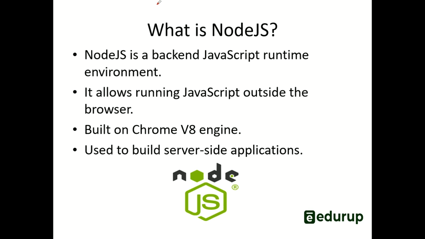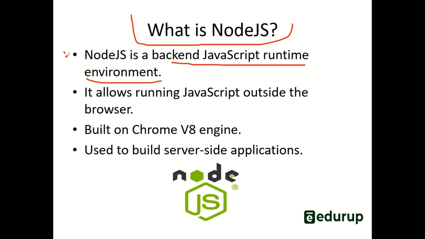Okay, so let's learn what Node.js is. Node.js is a backend JavaScript runtime environment. I told you people already, we are connecting this as a backend. It is called a runtime environment because the results come at runtime when you are executing the code; in the console section you will see the results.